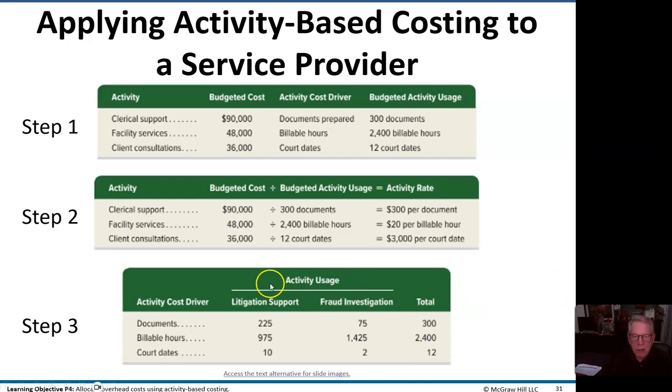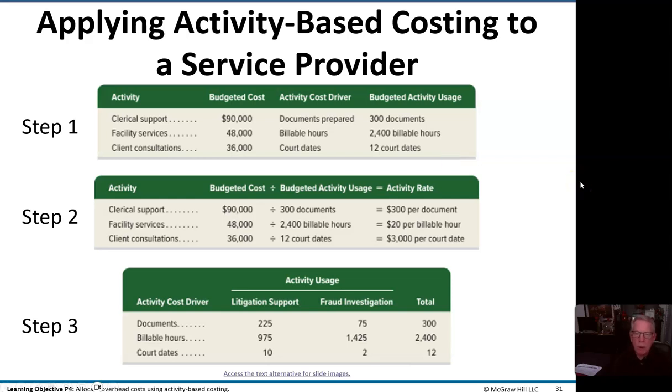Now, our activity usage here, we have litigation support and fraud investigation. So we have the number of documents, the number of billable hours, and the number of court dates for litigation support and fraud investigation. And of course, it should total, and it does, the budgeted activity, which we see here.